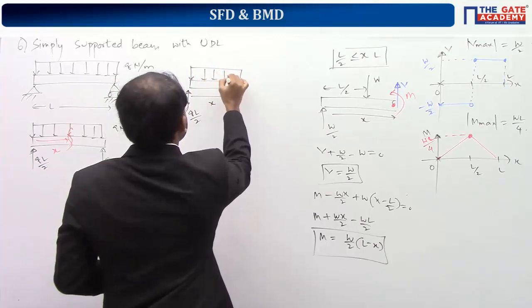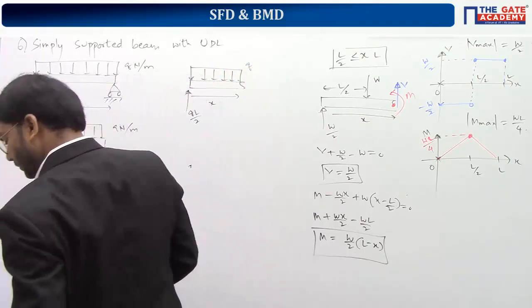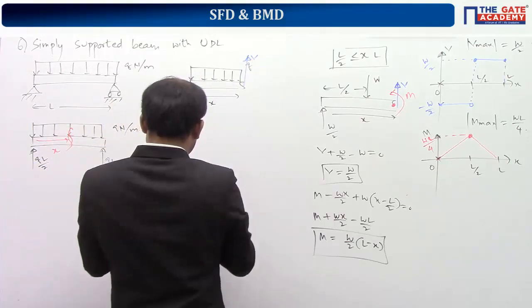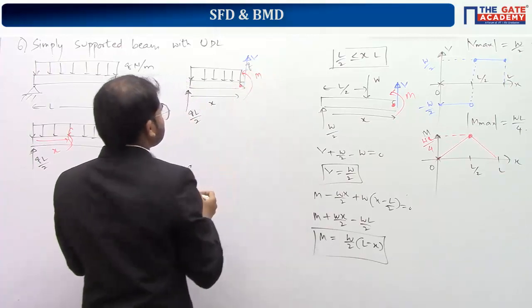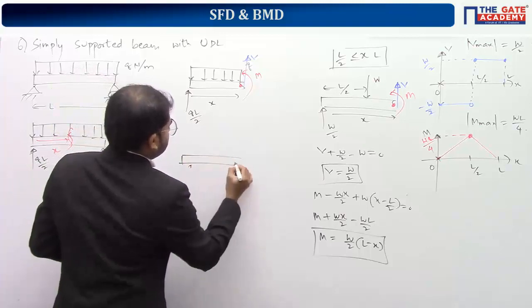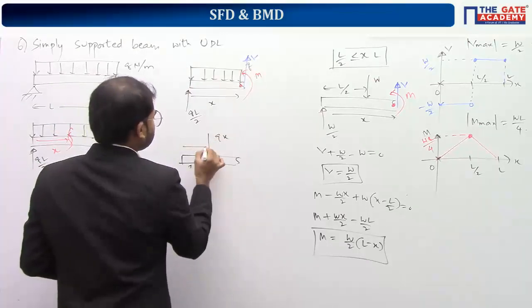Q is acting. So shear force V is there, M is there, which is acting about this point. So Q is acting over a distance of x.